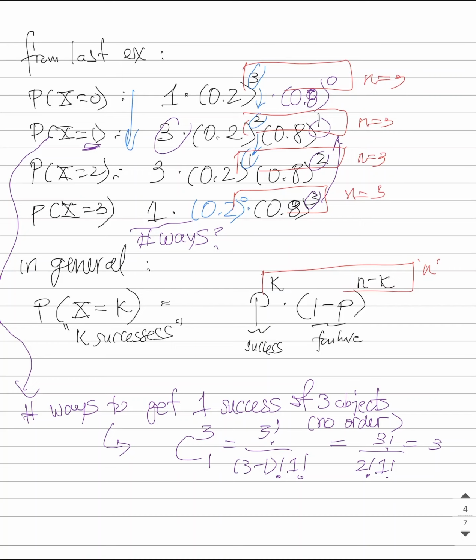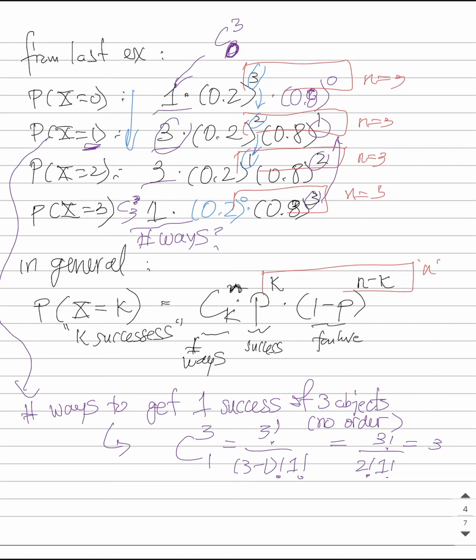And if you went through and you did the same thing for each of these, this would be, for instance, the number of ways to choose 0 objects out of 3, or the number of ways to choose 3 objects out of 3. Each of those only has one way of doing it. So I'm hoping that you can believe that the number of ways gets generalized, and we put n choose k, a combination, upstairs.